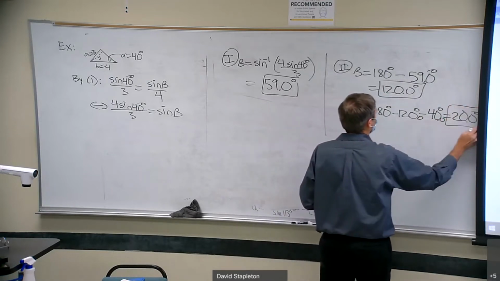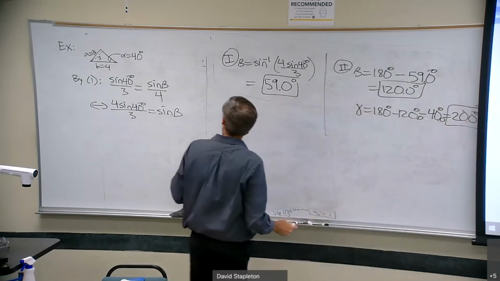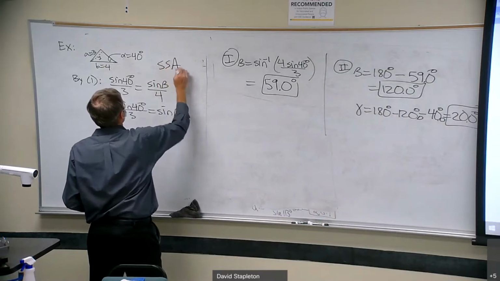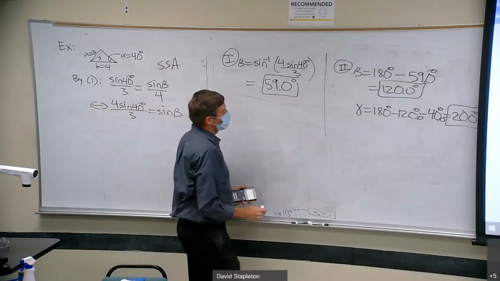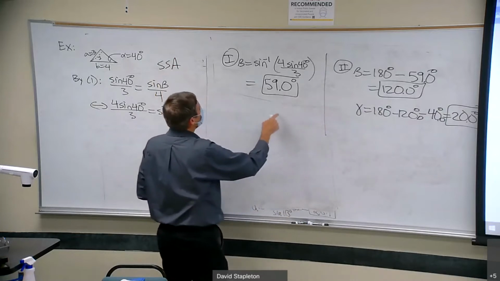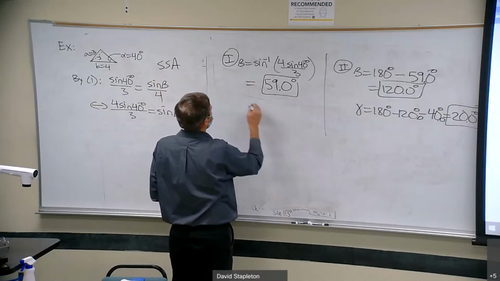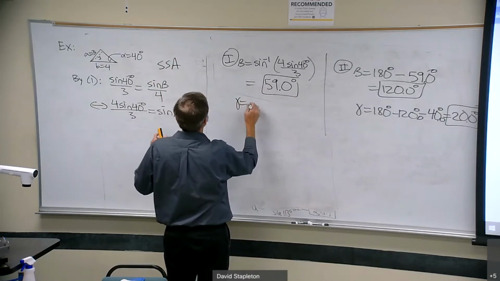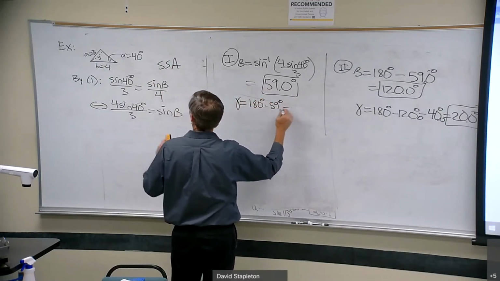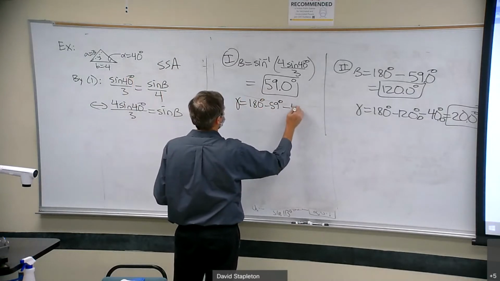There are two different triangles that are going to satisfy the side-side angle data that we're given. I should write it side-side angle, the bad case. It's the bad word backwards. And remember which one is the bad case. So gamma is that one over here. Gamma is 180 minus beta that we found, 59, minus alpha, which was 40.